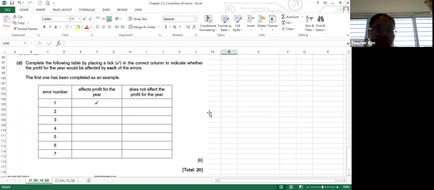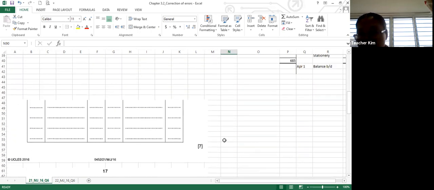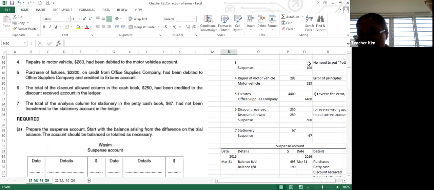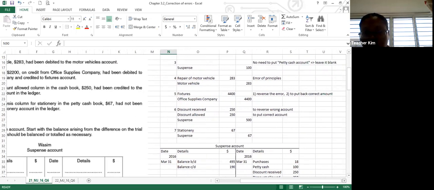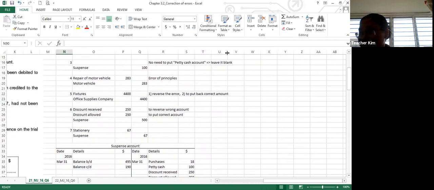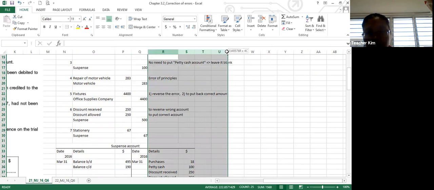It will be easier if we do this question D at the side here, so that we can see what is the impact on it. Let me hide this one first.